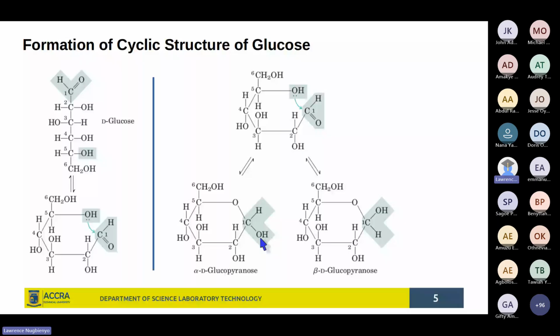But on the right-hand side, where the name is beta D-glucopyranose, you see the hydroxyl group is facing upwards. So that's the difference between the two, the alpha configuration and the beta configuration.